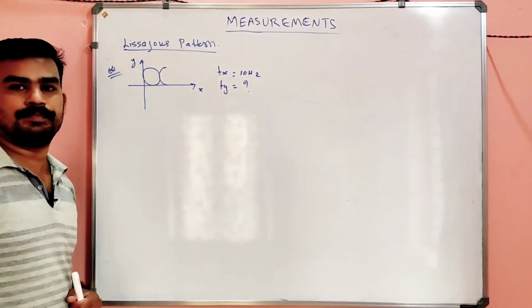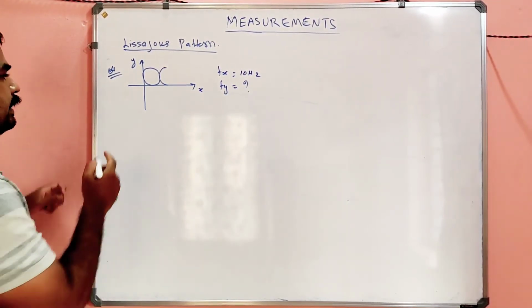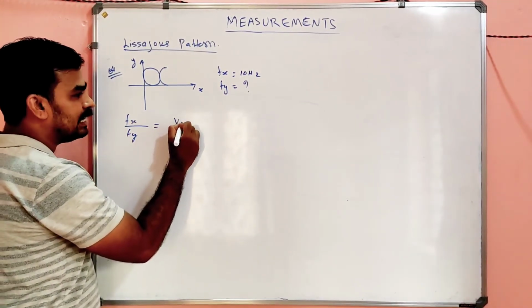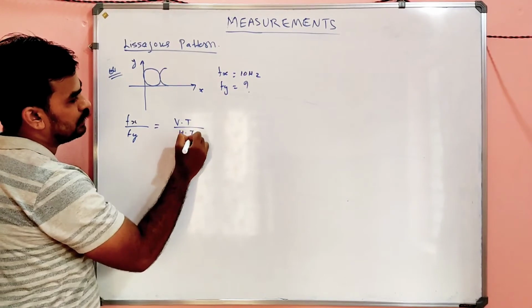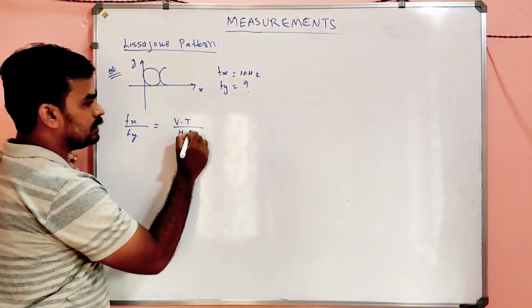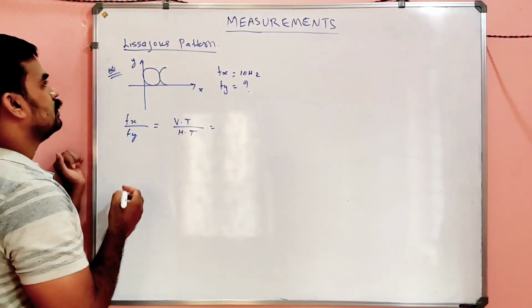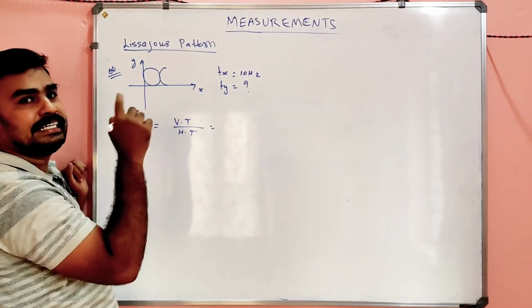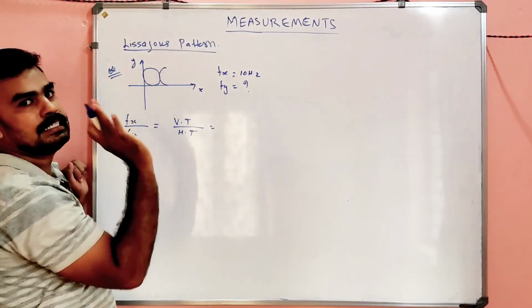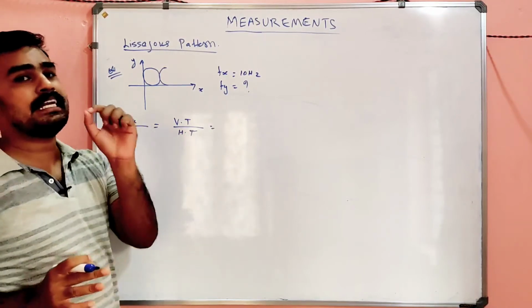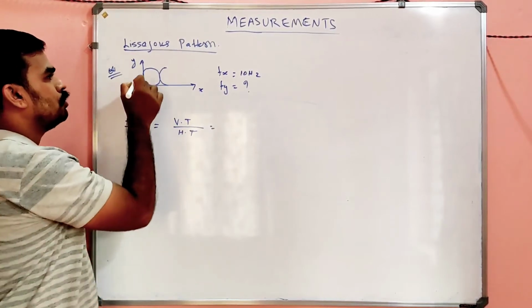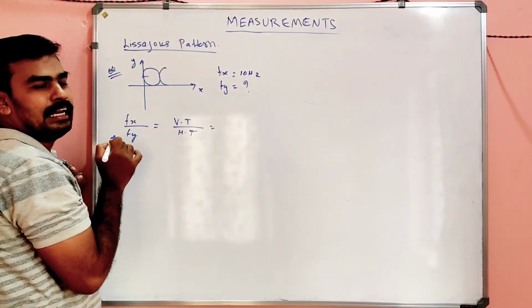How can we solve? Listen. First of all, we have the general equation: fx by fy is equal to vertical tangency divided by horizontal tangency. Vertical tangency means how many times the pattern touches the vertical line.